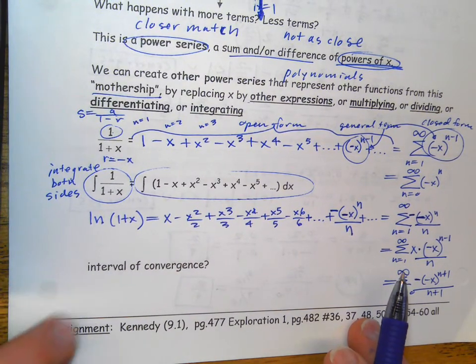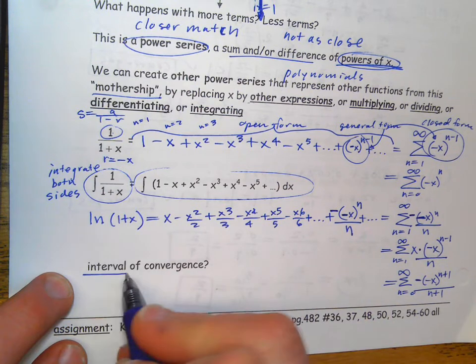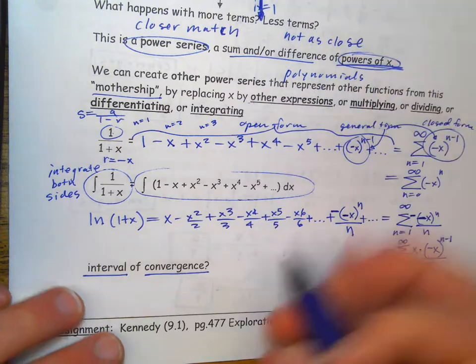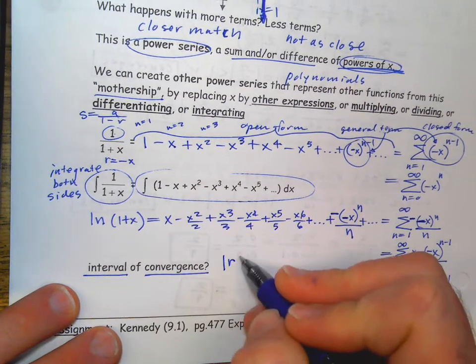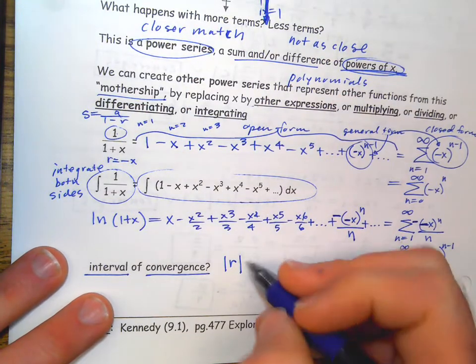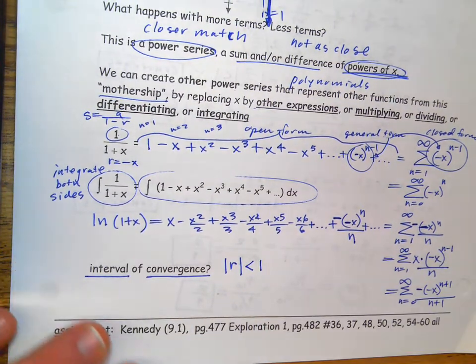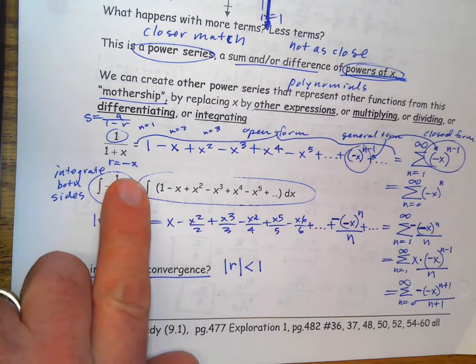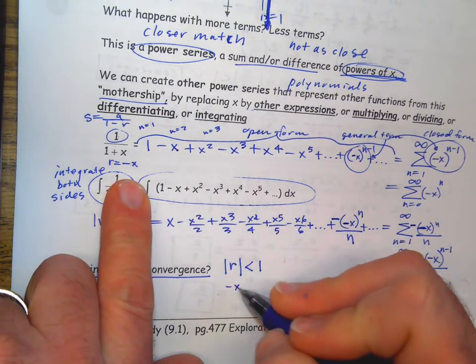Now, there's something called the interval of convergence, okay? So convergence is when it works. And we pointed up there at the top, geometric series, which these are all based off of, only converge if the absolute value of the r value is less than 1, okay? And in both of these problems, the r value was negative x.